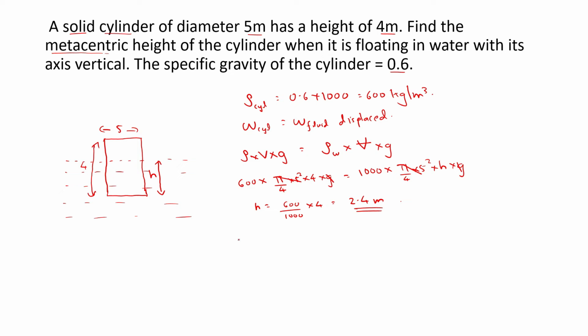Now, what is metacentric height, GM? The formula for metacentric height is I by V minus BG. See, center of buoyancy will be here.